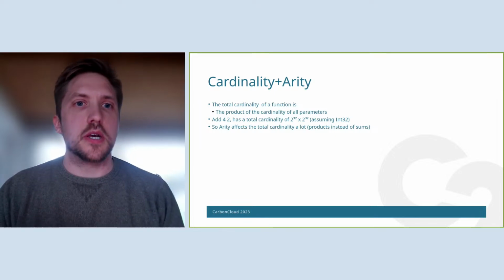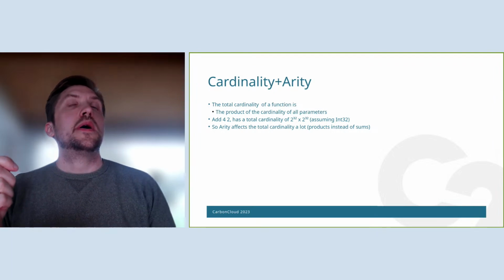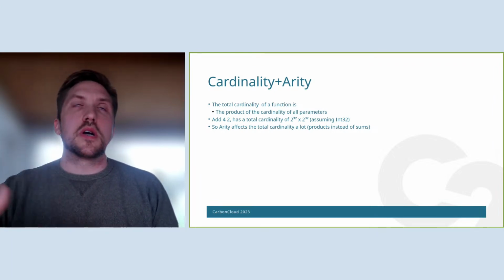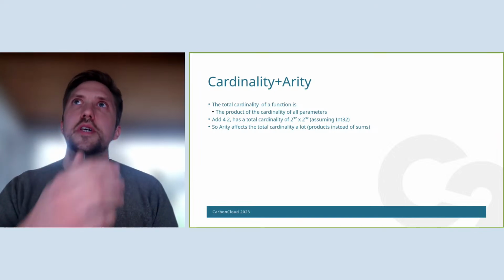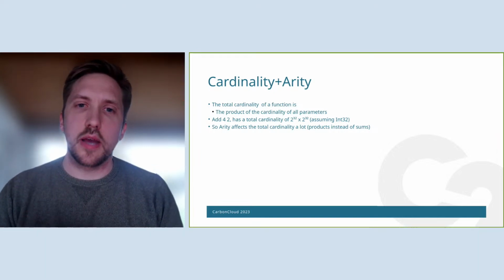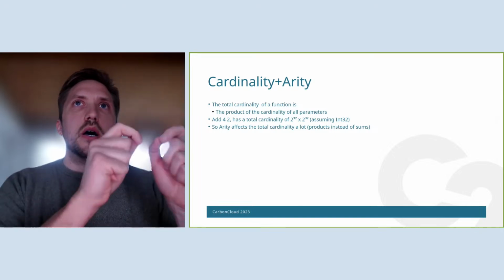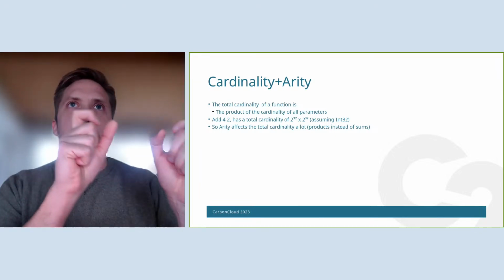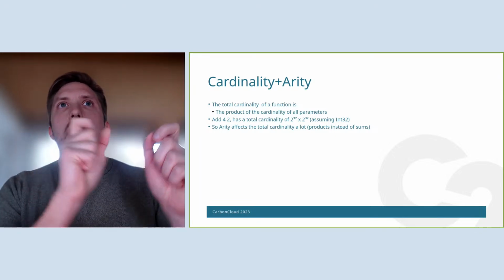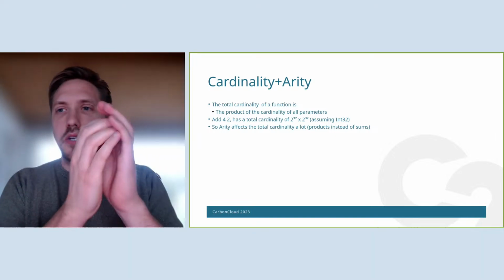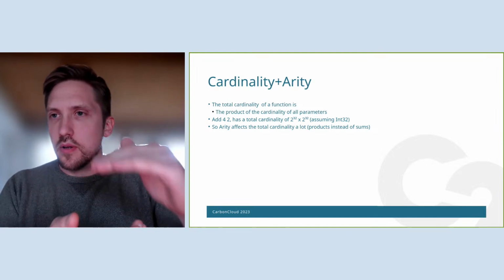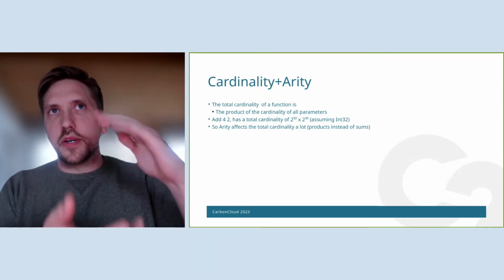And here I can say that when it comes to cardinality, it doesn't matter how the data is structured in the language. If it's a function that takes one value after the other, or if it takes one record with 10 things, that doesn't really matter, right?